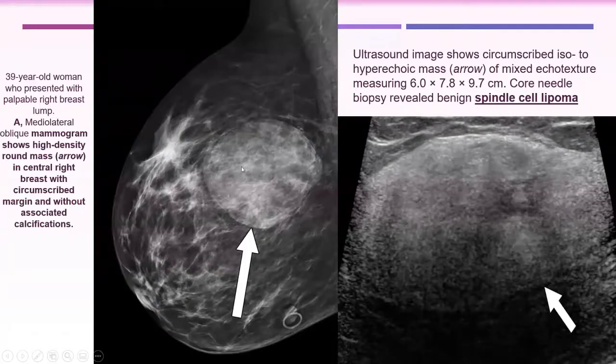It's a low dense lesion. Look at the adjacent parenchyma. The lesion is not much dense. Though described as a high density mass, to me it seemed not much dense. And it's circumscribed even on ultrasound, though there is some heterogeneity here, but not as much as seen in the angiosarcoma.